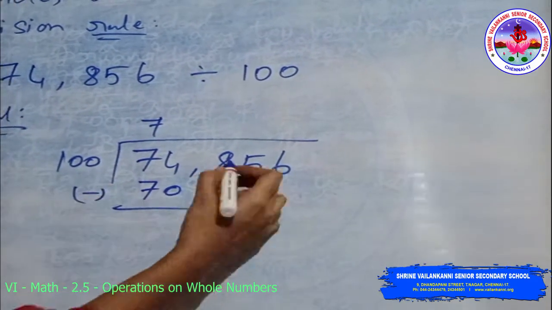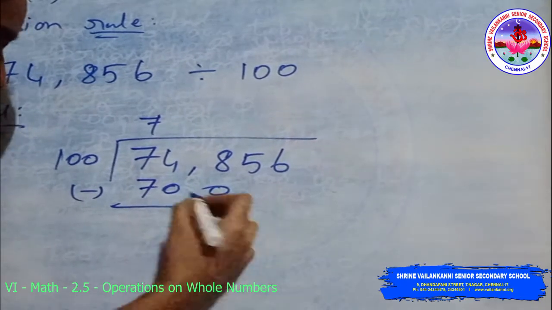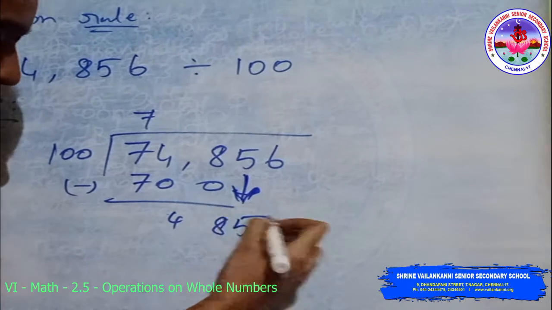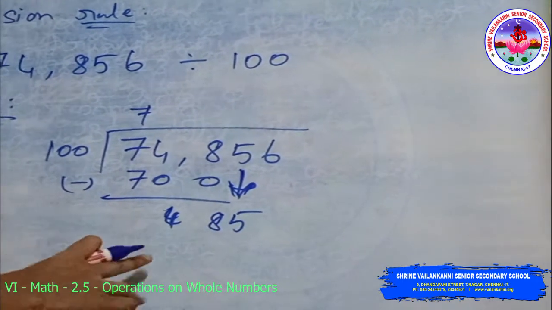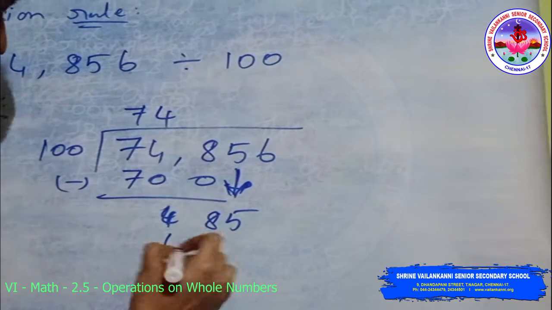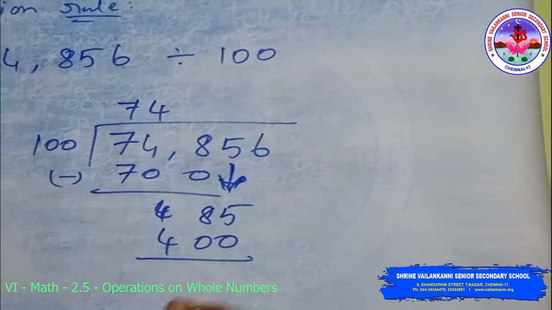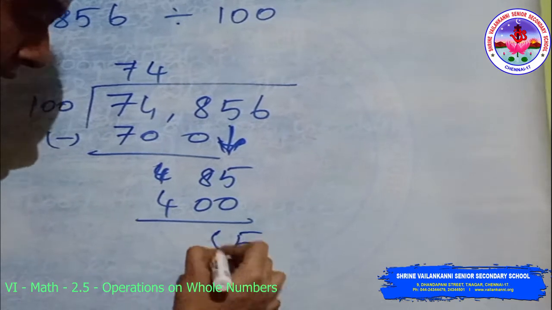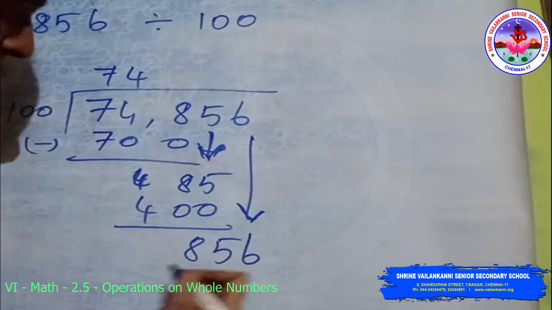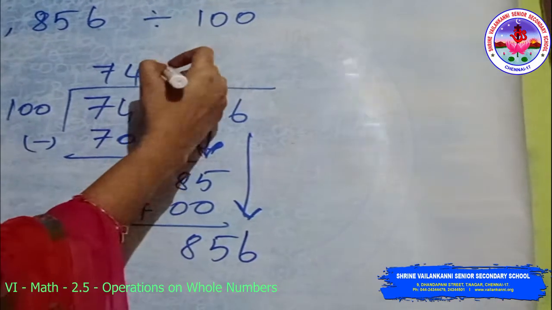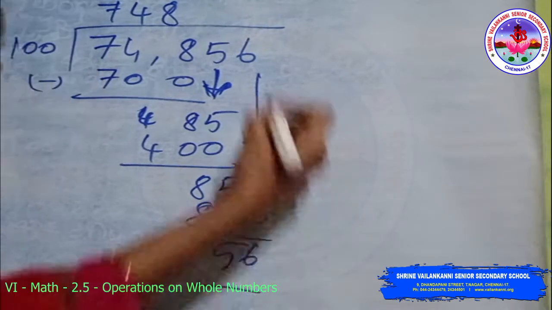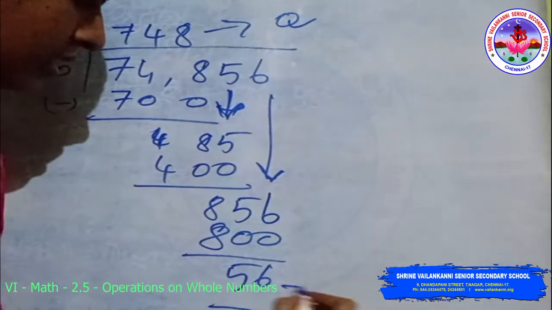Subtract, 4. Bring down 8, now 48, 4 times 100, 400. Subtract, 8. Bring down 5 and 6, 856. This is 8 times 100, 800, balance 56. This is the quotient, this is the remainder.